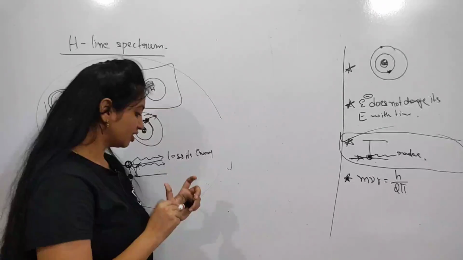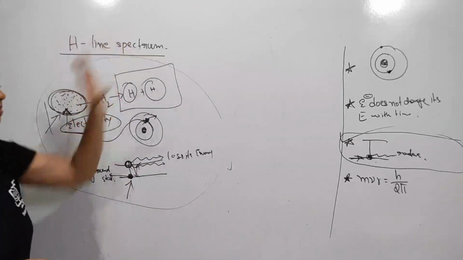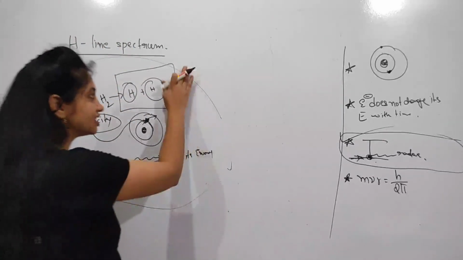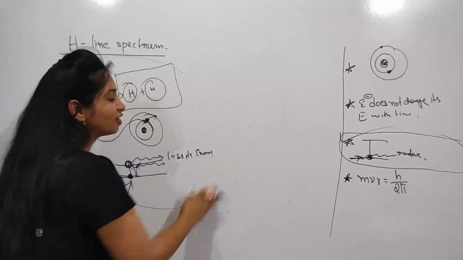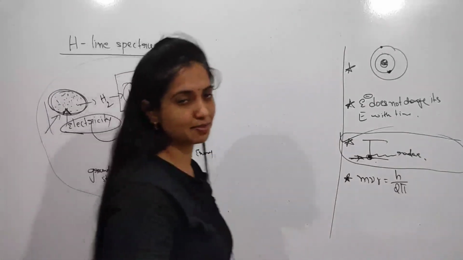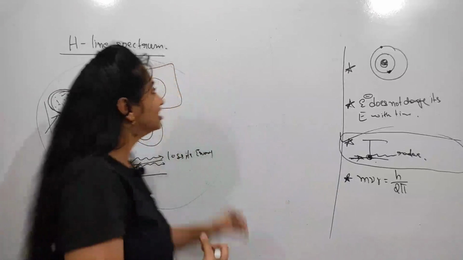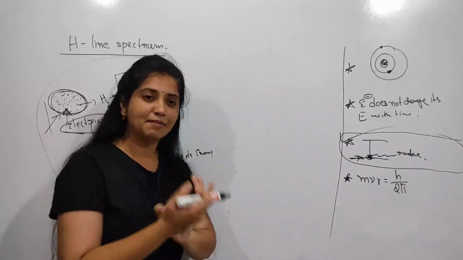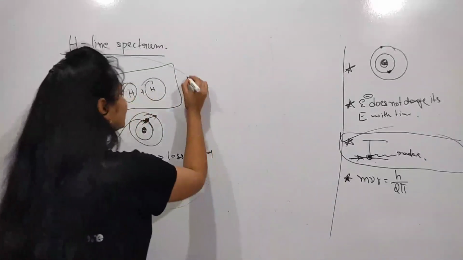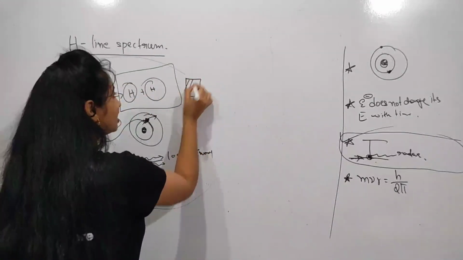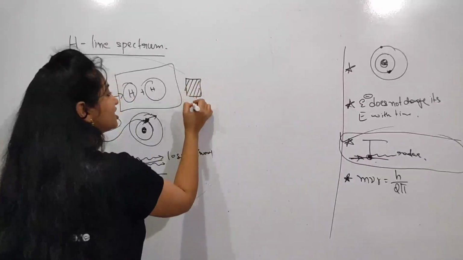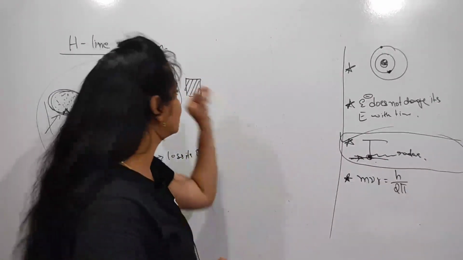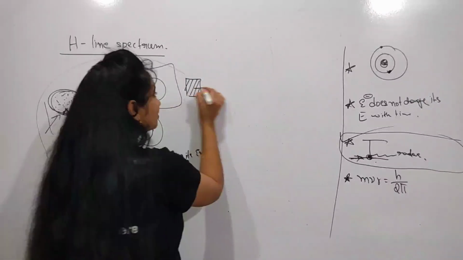So what do we mean by hydrogen line spectrum? Once again, in the previous class I told you about emission spectra and line emission spectra. This hydrogen line spectrum also belongs to the line emission spectra. We take hydrogen gas and heat it, or apply an electric discharge to it.